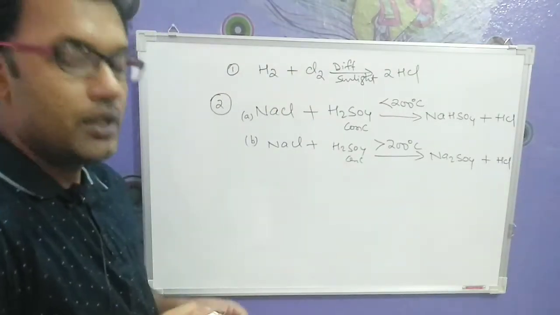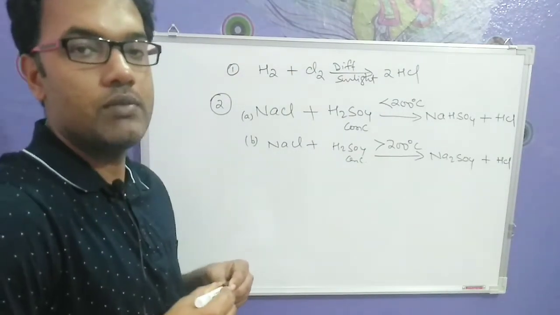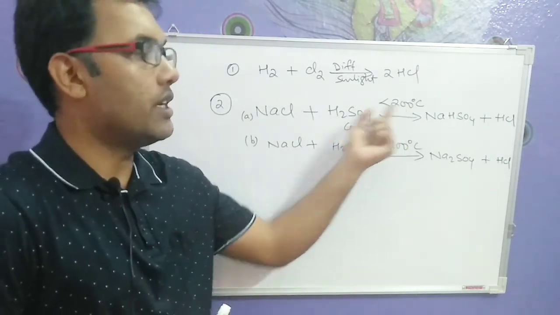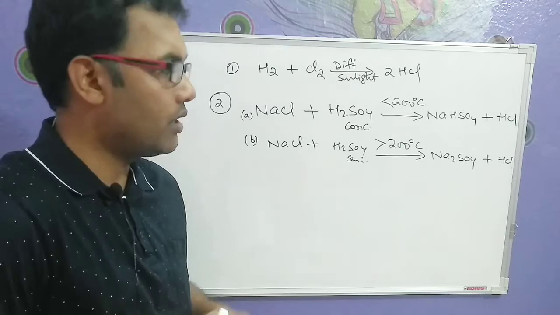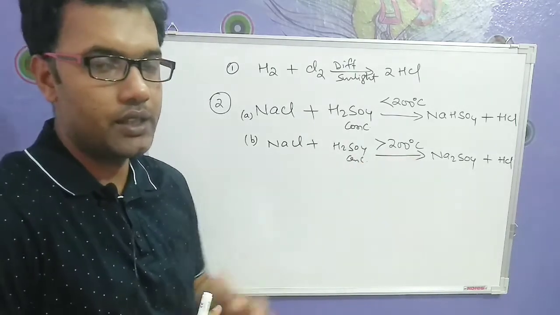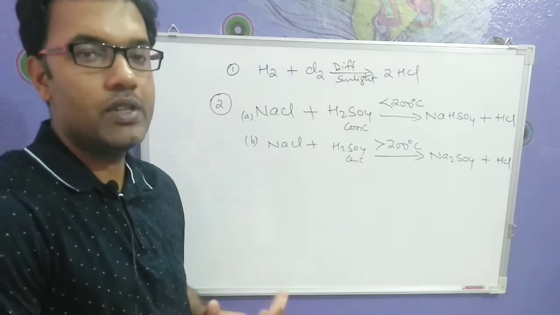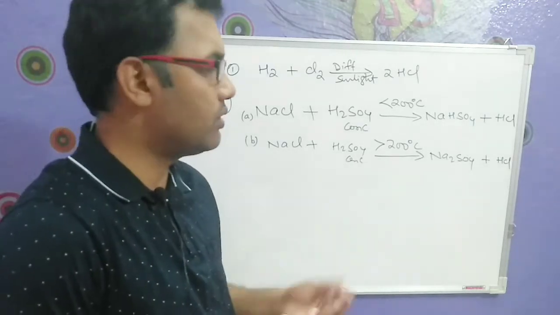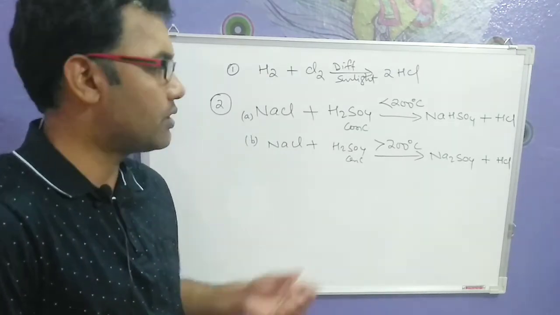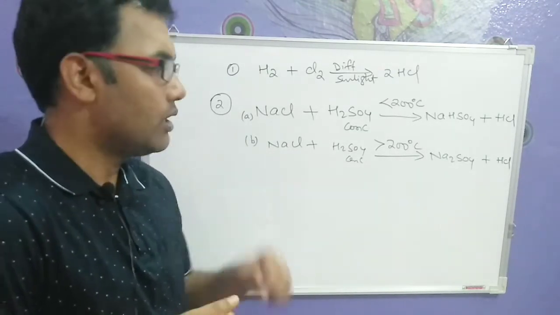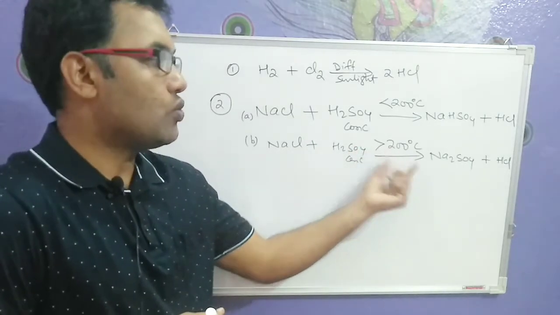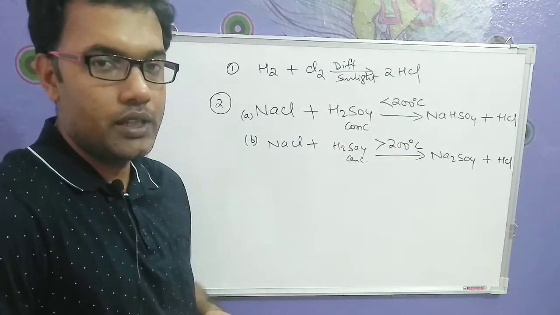Okay students, now the very important question which comes in your board exam is, why do we prefer temperature less than 200 degrees centigrade? Why don't we take temperature greater than 200 degrees centigrade? In previous board exams you might have seen that this question is coming, and for your board exam this is an important question. Now see here, there are three reasons why we don't use temperature greater than 200 degrees centigrade.